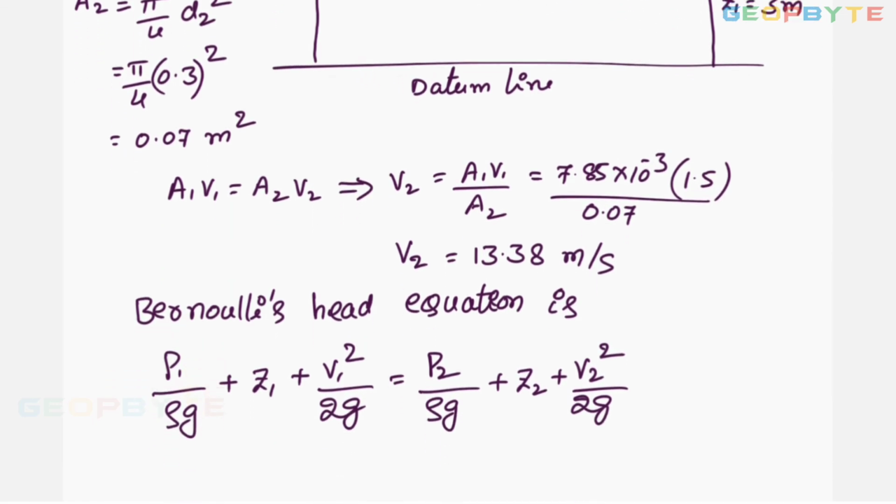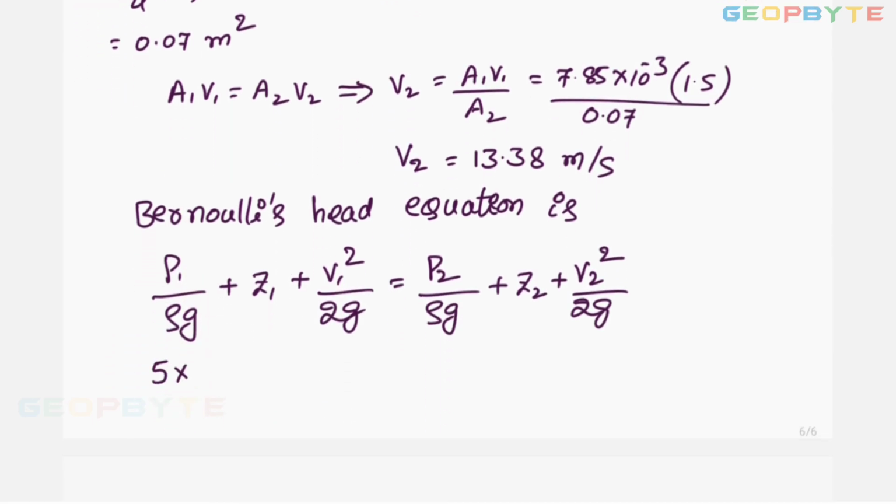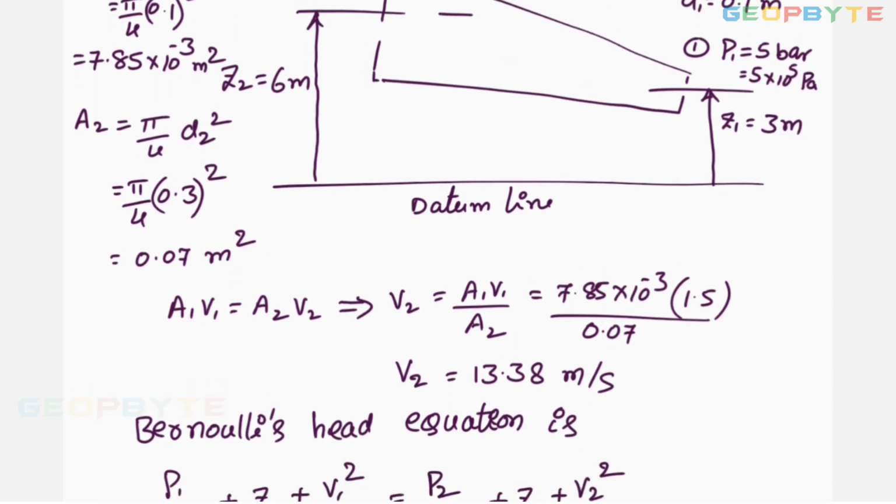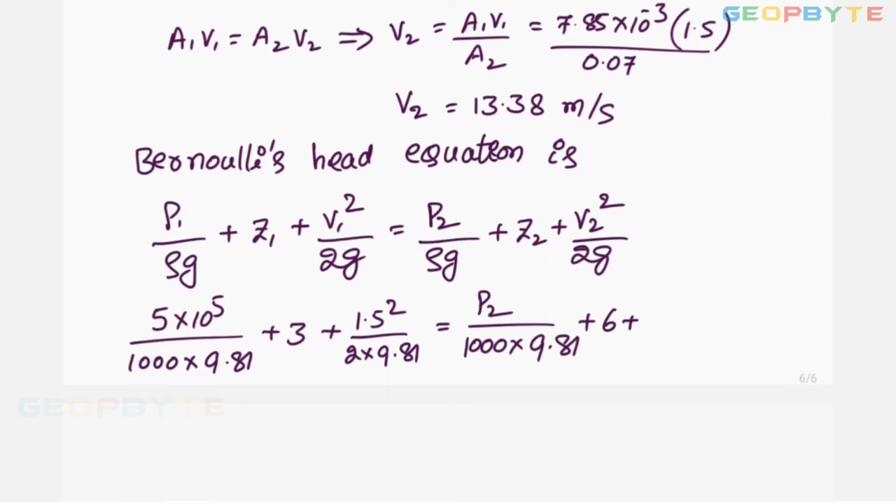Here P1 is given 5 bar, 5 into 10 power 5, rho density of water 1000, g 9.81, Z1 is given 3 meters plus V1 1.5 whole square by 2 into 9.81, P2 by rho g 1000 into 9.81 plus Z2 given 6 meters plus V2 square 13.38 whole square by 2 into 9.81.